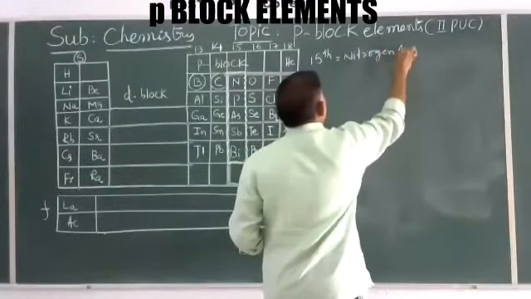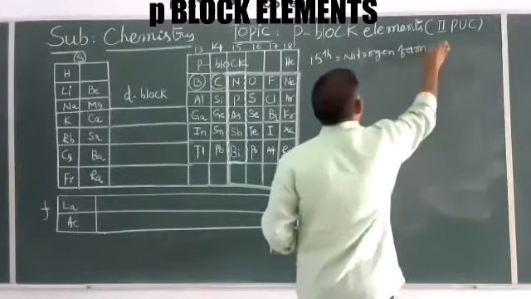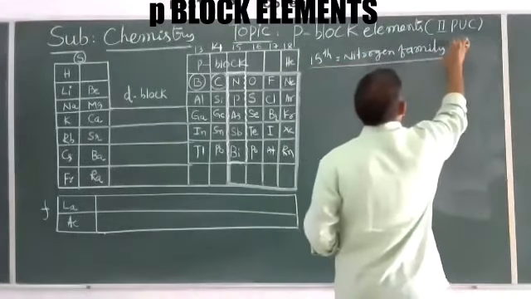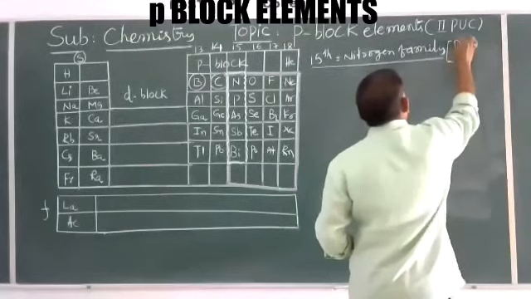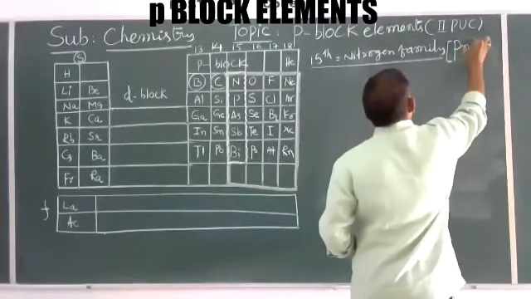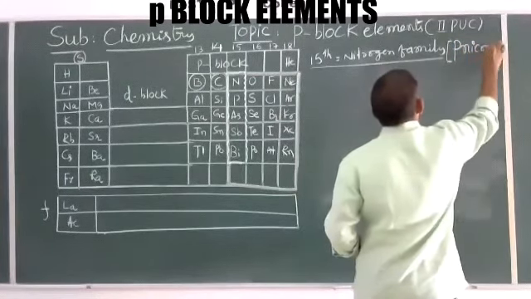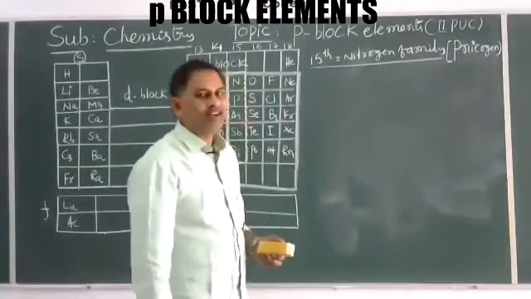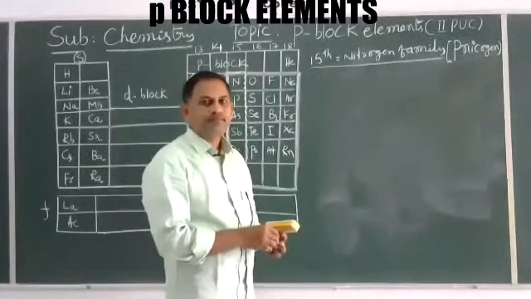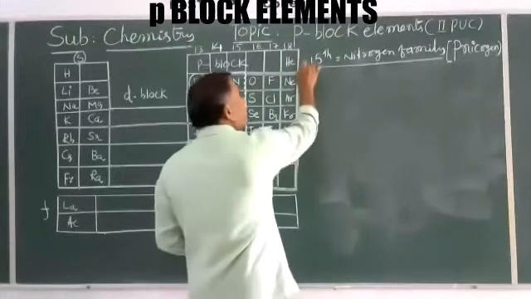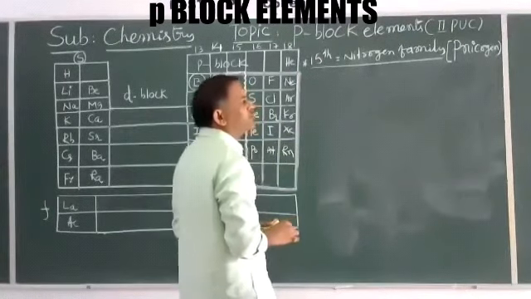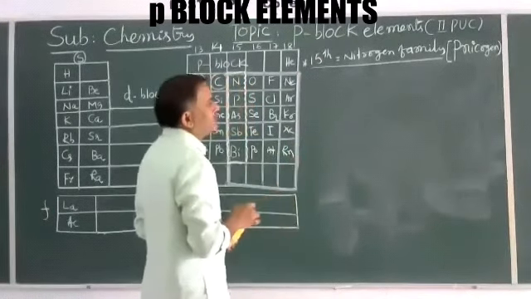The nitrogen family is also called pnicogens. P is silent. P-N-I-C-O-G-E-N, pnicogens. So the 15th group is the nitrogen family, or these are also called pnicogens.